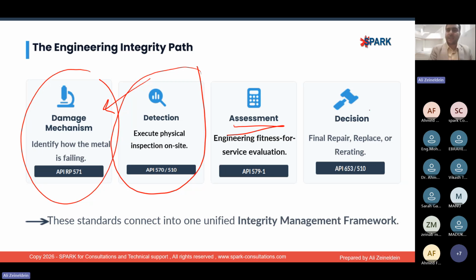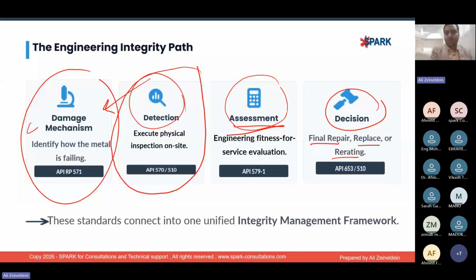Finally, take the decision: is it needed to finally repair or replace or re-rate? Okay, so this is the engineering integrity path. It started from identifying the damage mechanism, then how to detect this kind of damage mechanism, and how can we do some assessment of the inspection results, then what is the best recommended action to keep our equipment in a safe mode.